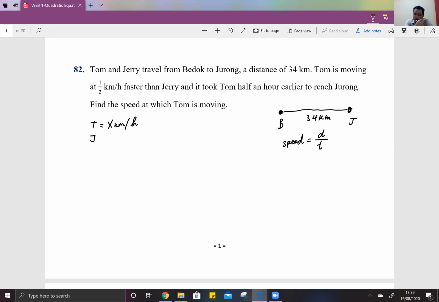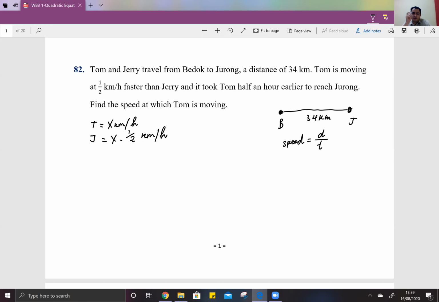Then what will be Jerry's speed? Is that correct?